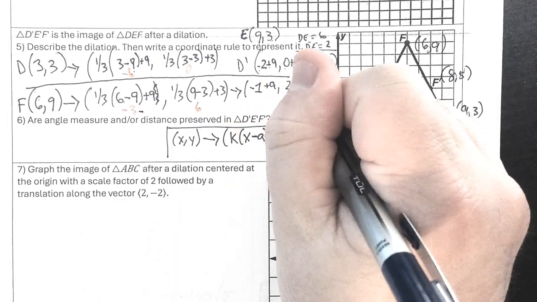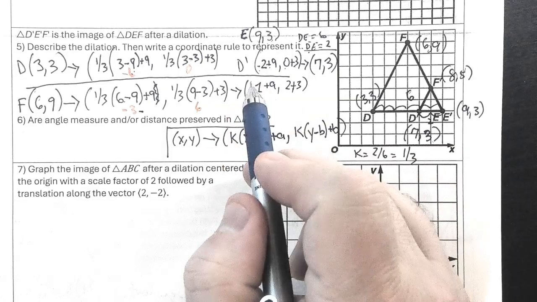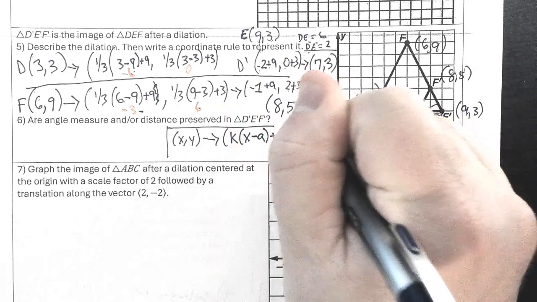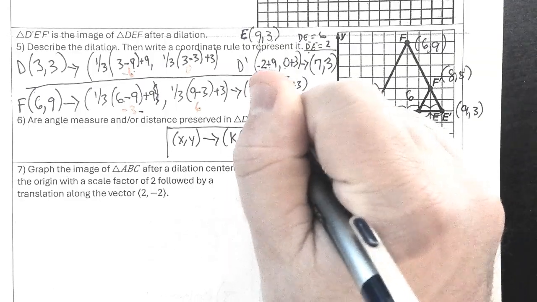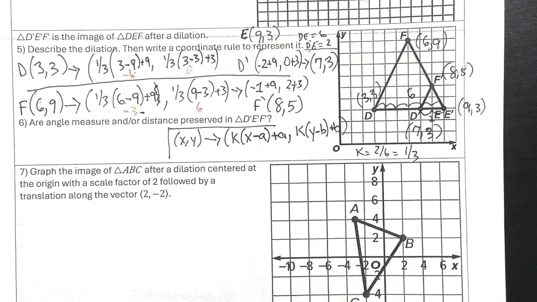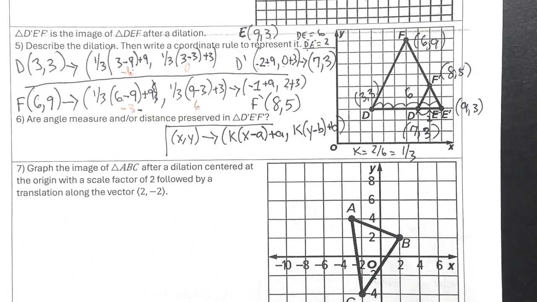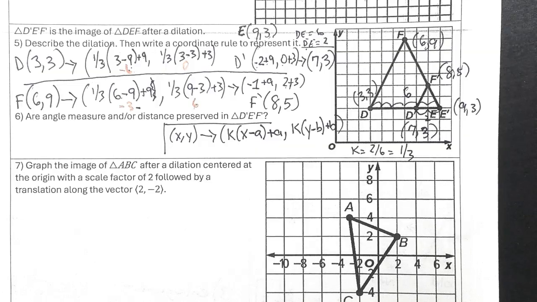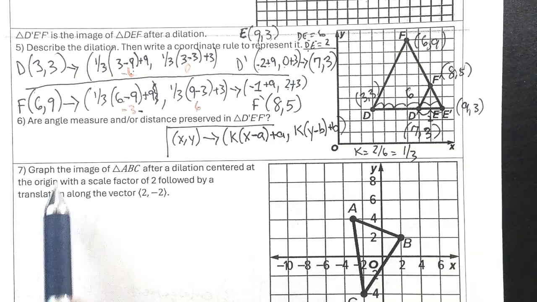All right, so -1 and a +9 make a +8. 2 plus 3 makes 5. That's F prime, which is 8, 5. So checkmate. Can't give you a thumbs up, so we'll just give you the upside down star because, you know, I'm upside down on this.